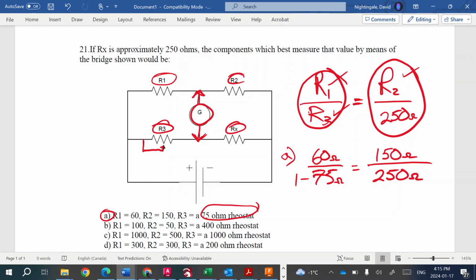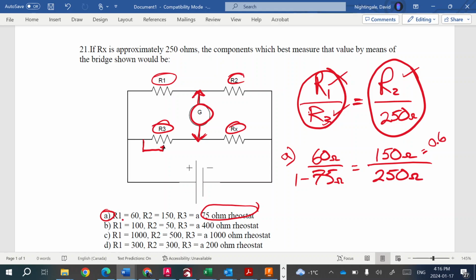So first of all, I want to know what my ratio here equals on R2 and Rx. So this here would equal, if I were to divide 150 into 250, 0.6. All right.